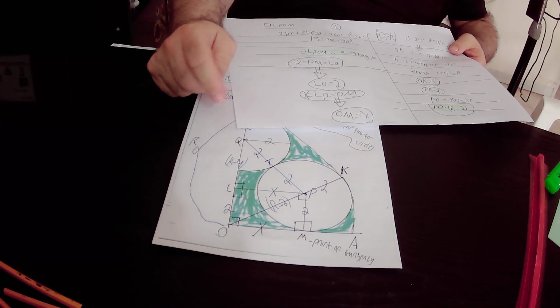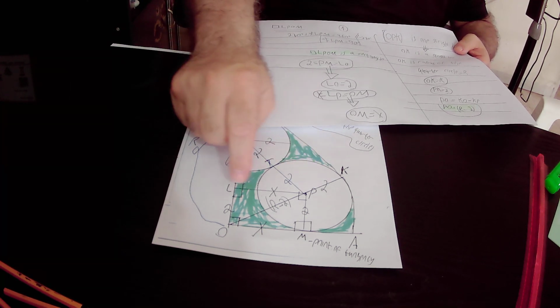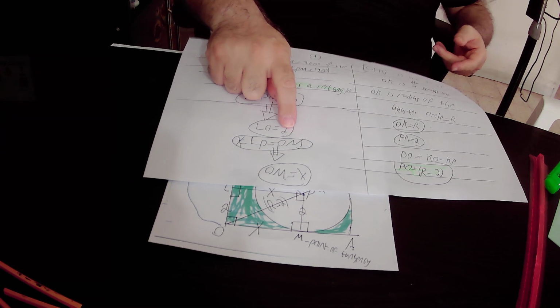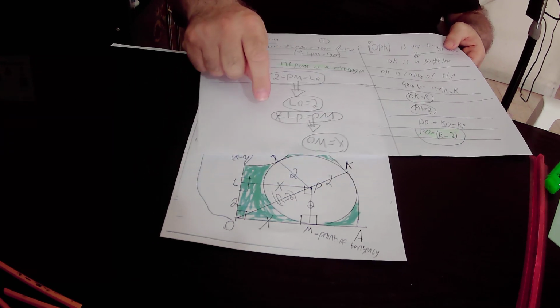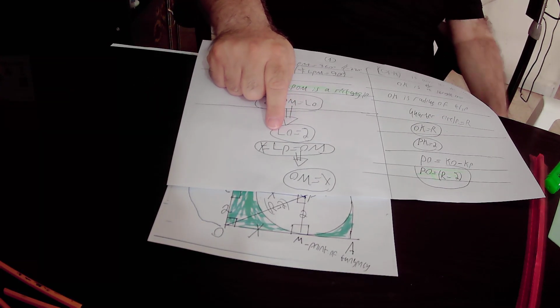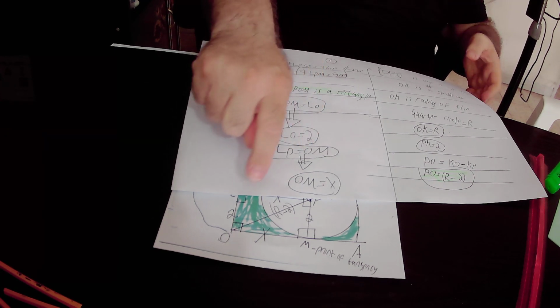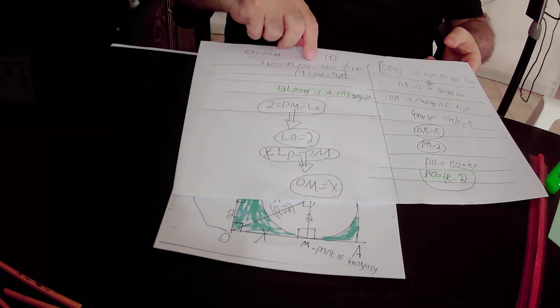Likewise, since opposite sides of a rectangle are equal, LP equals OM. If we define side LP as X, then from X equals LP equals OM, OM also equals X.